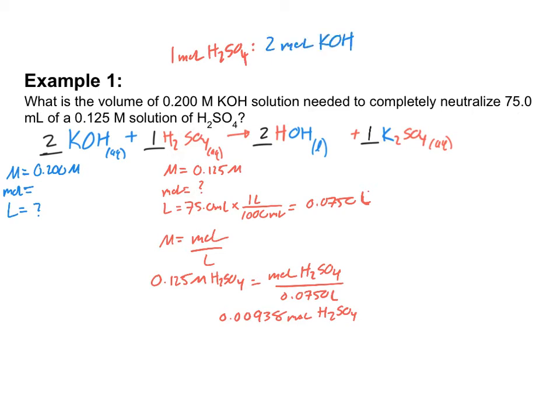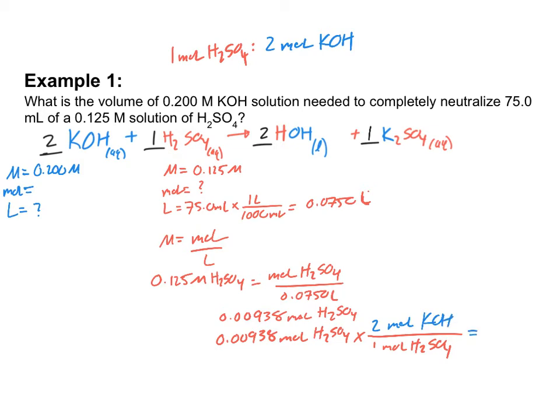So I'm going to take the 0.00938 moles of H2SO4, and I'm going to convert that to moles of KOH. So 1 mole of H2SO4 is equal to 2 moles KOH.